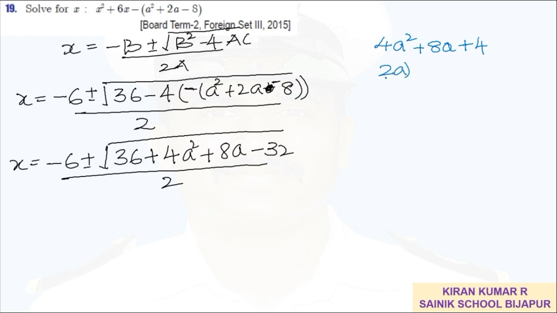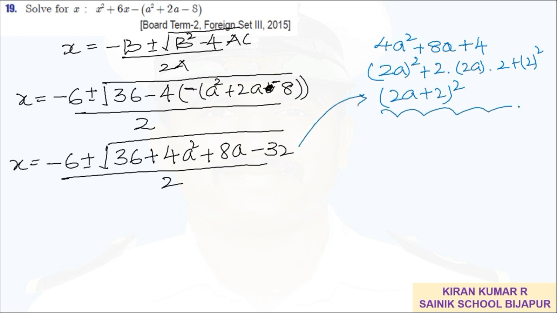Observe it, it is 2a whole square plus 2 times 2a multiplied by 2 plus 2 square, isn't it? So it is 2a plus 2 whole square. So this complete thing is 2a plus 2 whole square, which is there in the bracket.